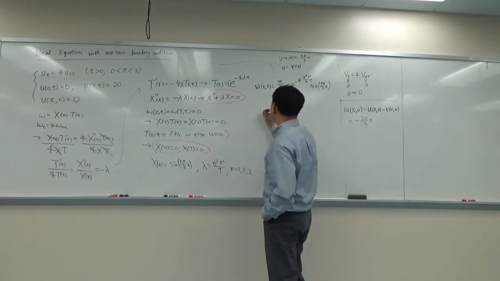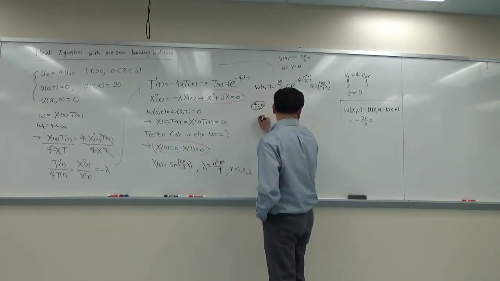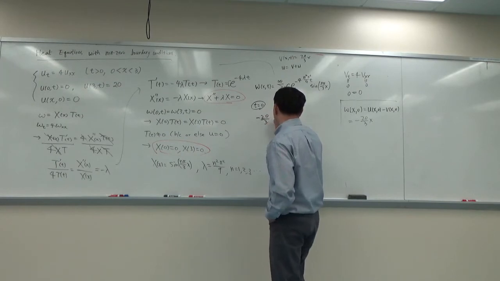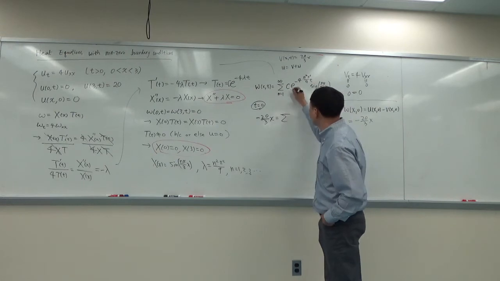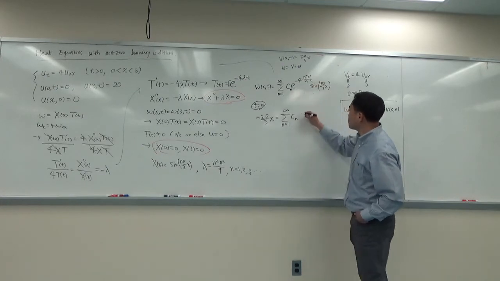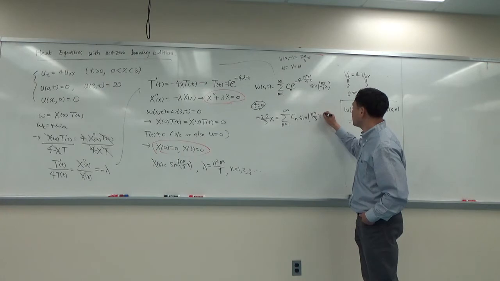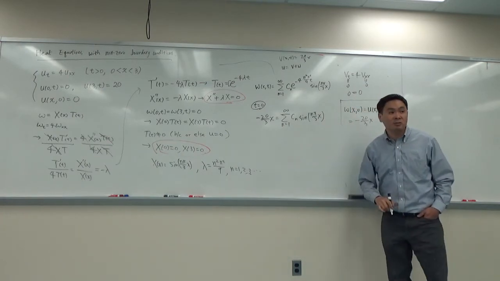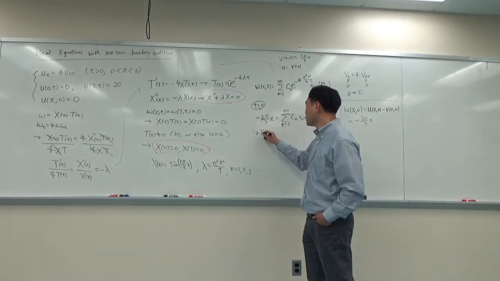So I need, when t is set to 0, I need the left side to equal negative 20 over 3 x equals the summation, n from 1 through infinity of Cn. E to the 0th power is 1, so you just get sine of n pi over 3 x, which calls for a sine series, Fourier sine series. Okay, so this requires Fourier sine series.